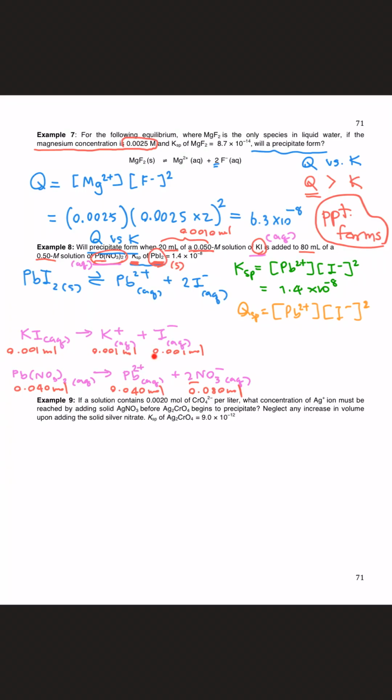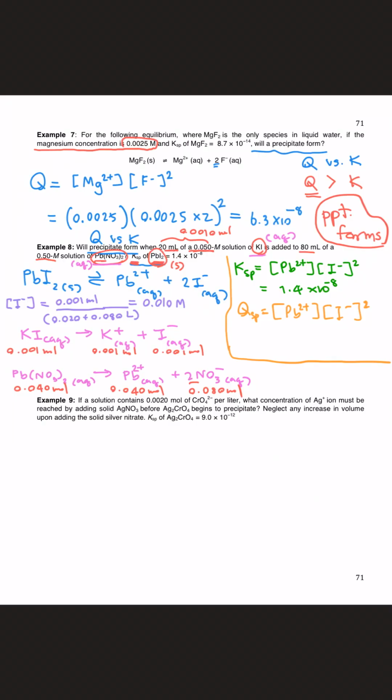Therefore, in this case, this amount of mole of iodide would be present in the 100 milliliter total volume of the solution. Same thing for the lead ion as well. Therefore, we will need to convert this number of mole into the concentration by dividing with the total volume, and you will get the concentration of iodide ion equal to 0.01 molar.